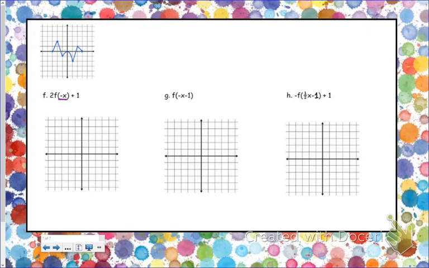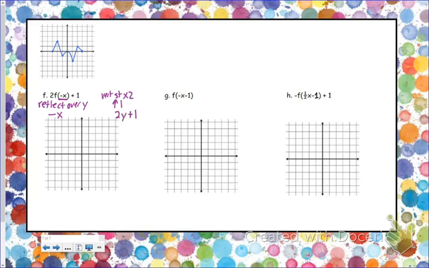So this is going to be a reflection over the y-axis, which means I'm going to have a negative x-coordinate. And that's the only change to my x-coordinates. To my y-coordinates, I'm going to have a vertical stretch by 2, and I'm going to go up 1.